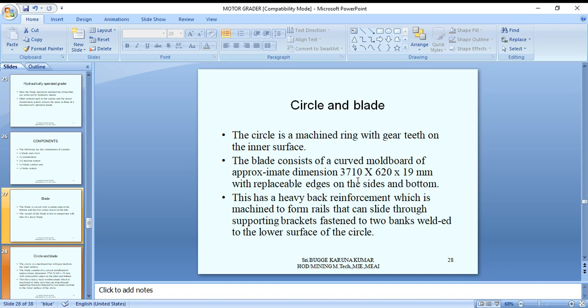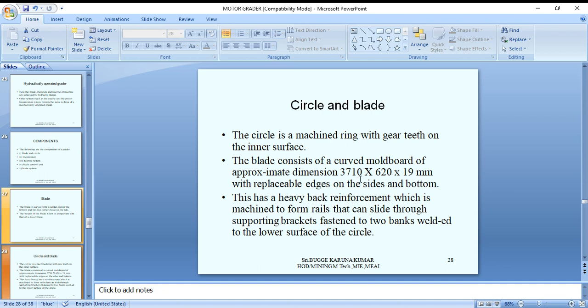Another important part is the circle and blade. The circle is a machined ring with gear teeth on the inner surface. The blade consists of a curved moldboard of approximate dimension 3710 by 620 by 19 mm with replaceable edges at the sides and bottom.